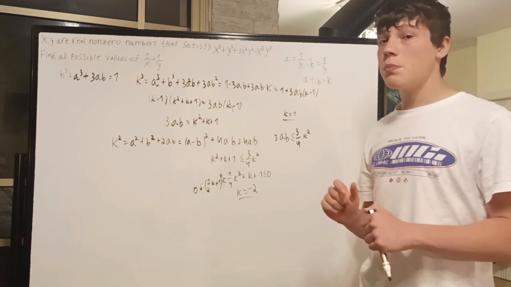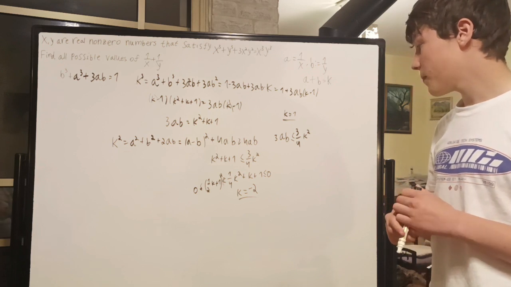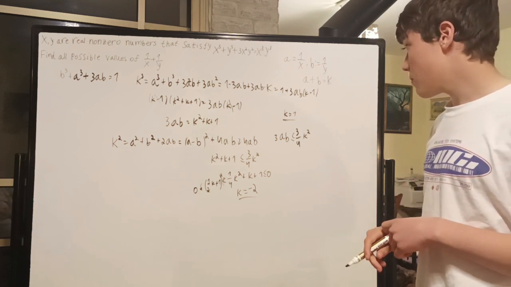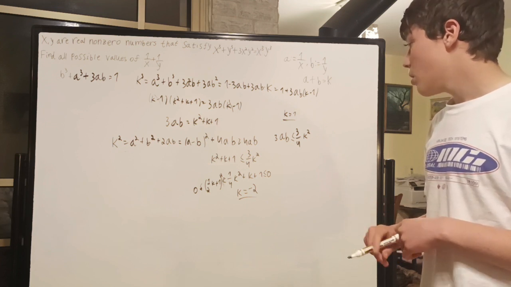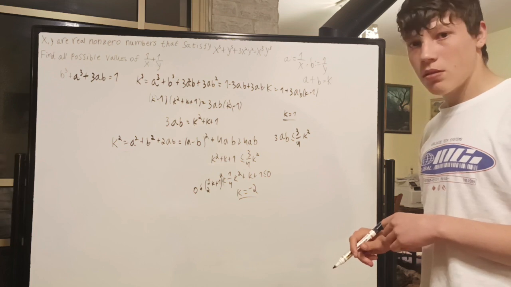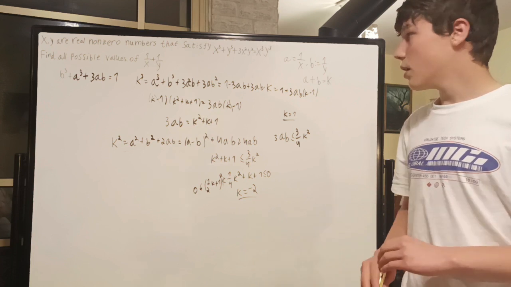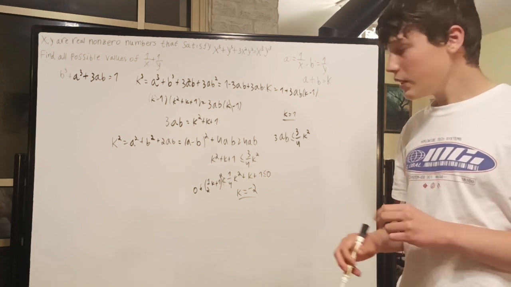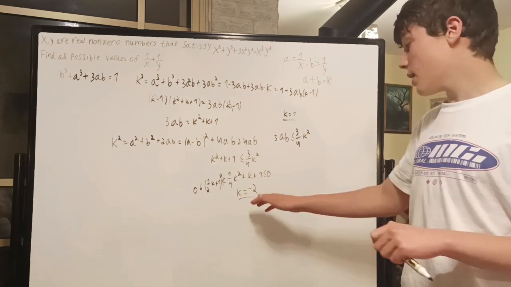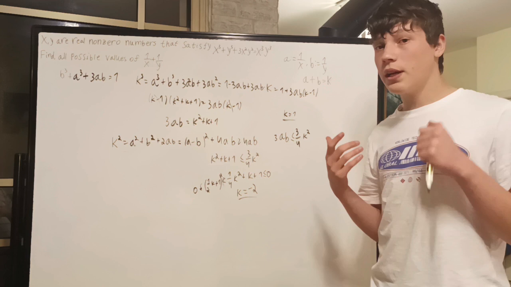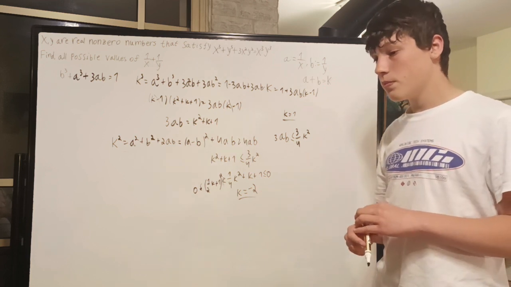Now we just want to find examples for each of them. So for -2, we can take the example of x and y both equal to -1. By the way, from the way we got to k is equal to -2, we can actually find that x and y both -1 is the only way to get to -2.